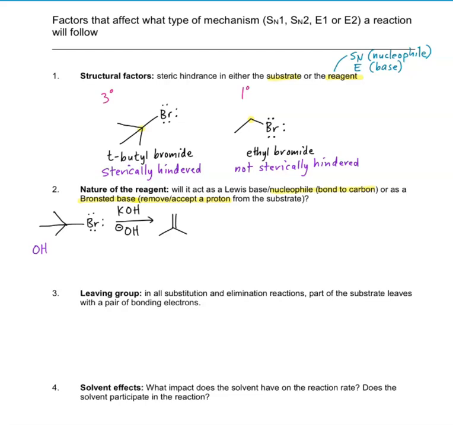So here, hydroxide removes a beta proton and an E2 reaction occurs.